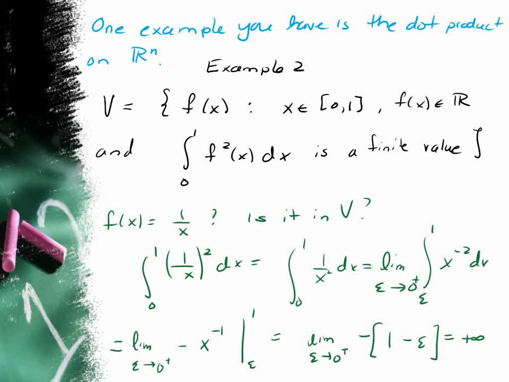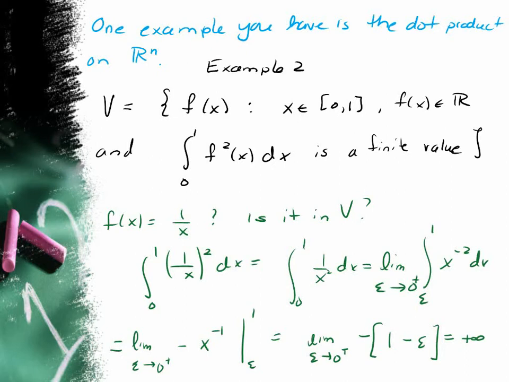So back to the end of Calc 2 when you did improper integrals, this is an improper integral. You have to start from epsilon to 1 and take the limit as epsilon approaches 0 from the right. And what I get when I take the antiderivative and do all the calculations is basically that this integral is not finite. I get an infinite value. So this example is not in V.